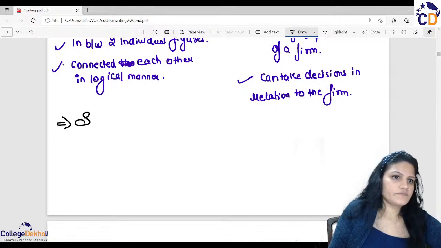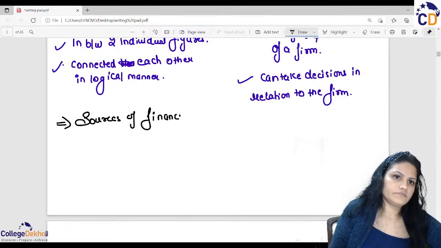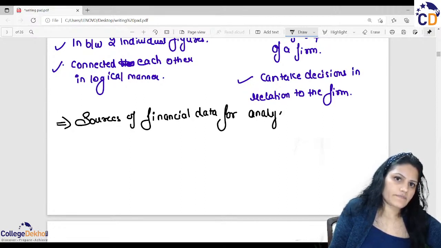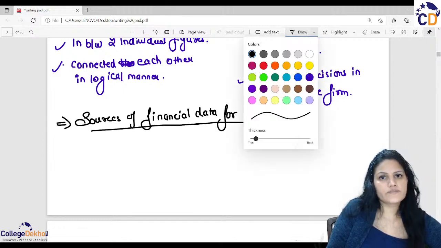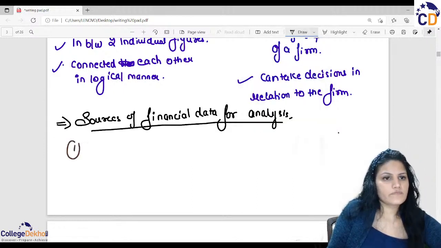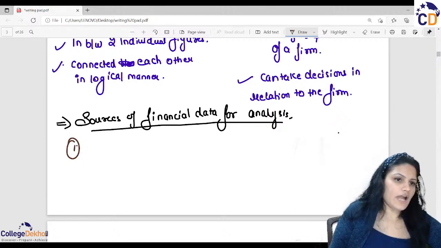So the next point in terms of the ratio is sources of financial data for analysis. What are the sources? First source is the annual report.